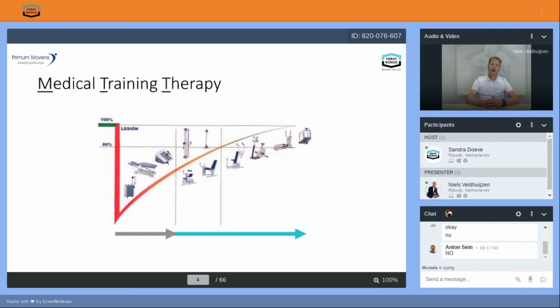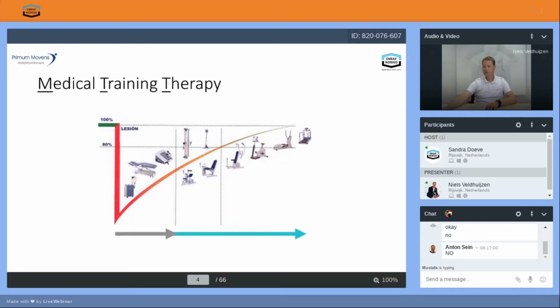And on the right-hand side, you see more the cardio training part. So this picture shows the recovery process, or the rehabilitation from an injury. You start from passive, more preparing therapy towards exercise therapy in the end.